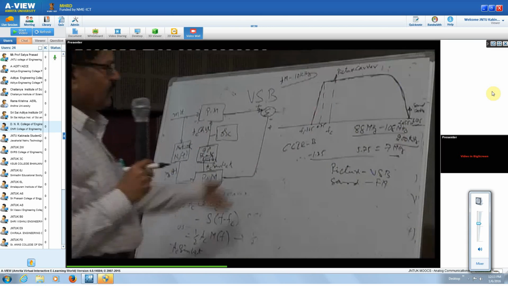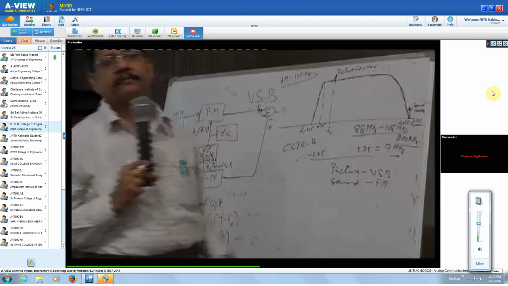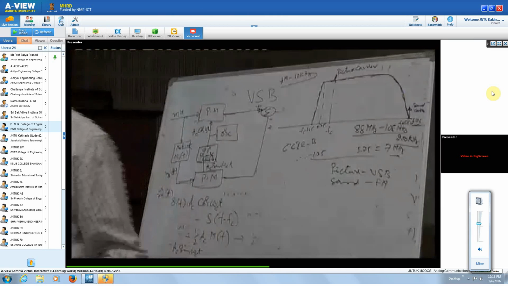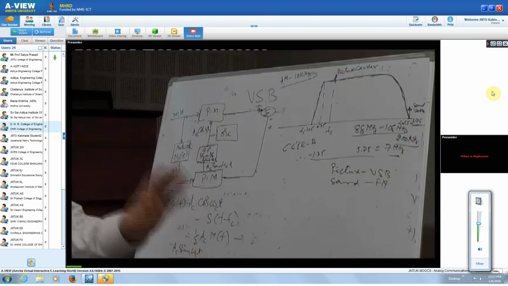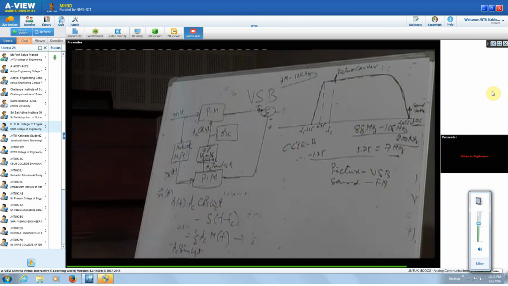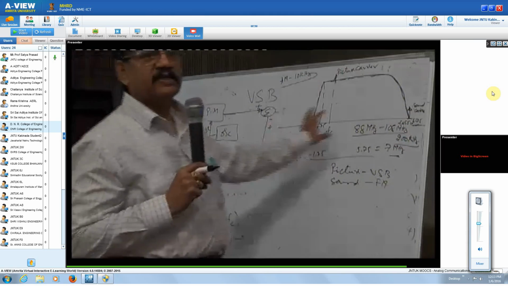Here we are transmitting this VSB with receivers at different points. That means your receiver circuit should be simple.